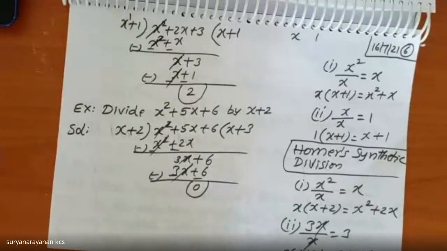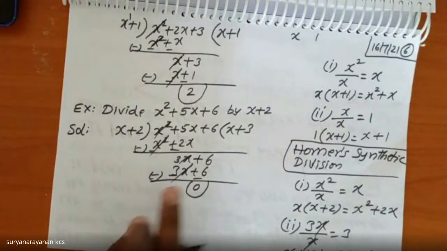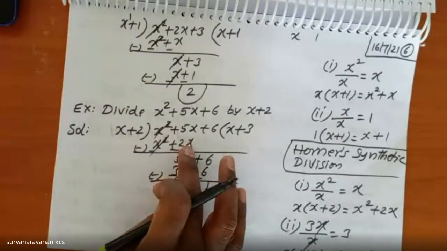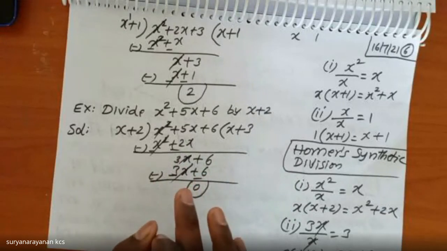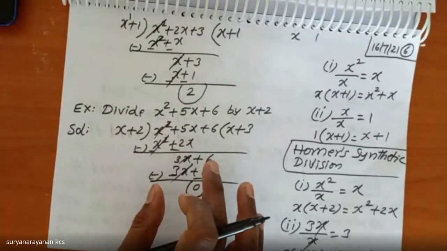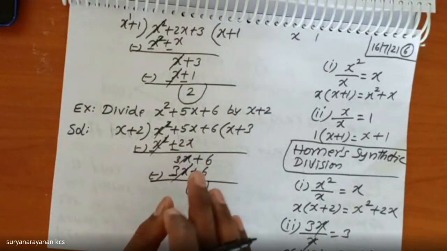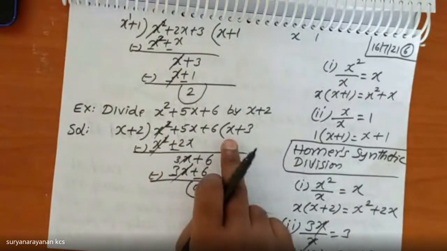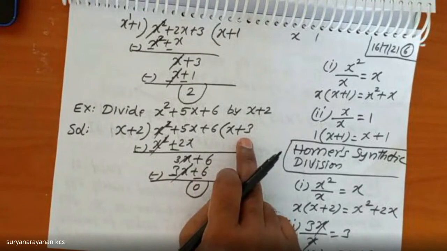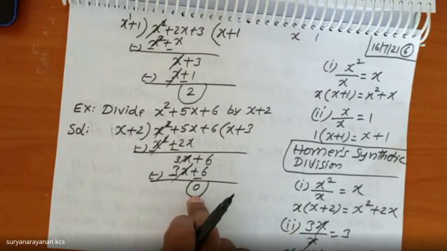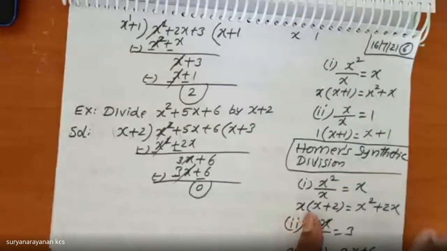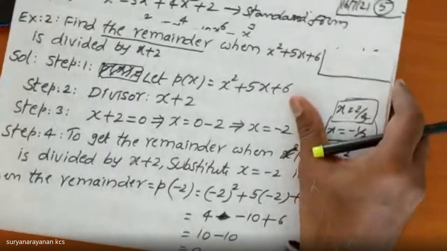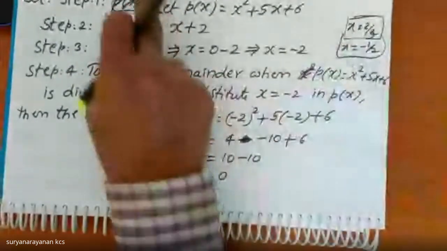So the small difference between long division and the remainder theorem is that in long division, I told you clearly, there are 2 advantages. The first advantage is you can find the quotient as well as the remainder. Whereas if you use the remainder theorem, we get only the remainder.